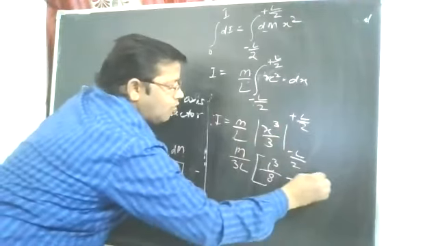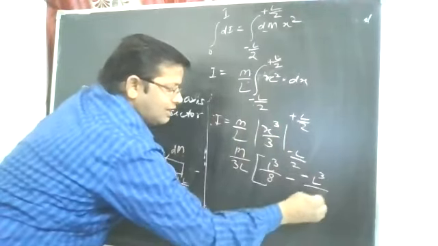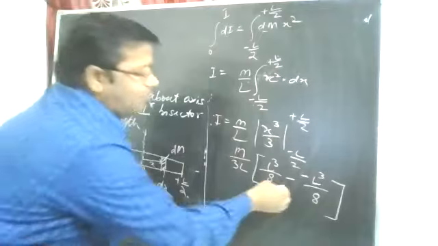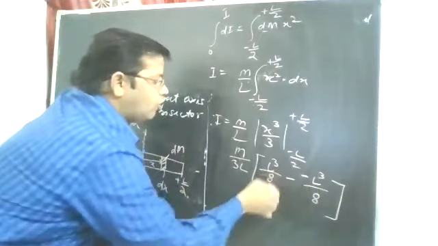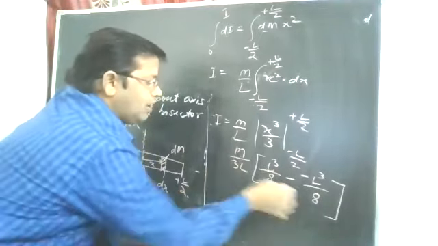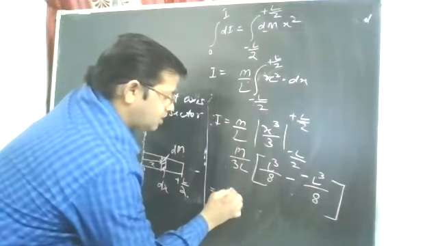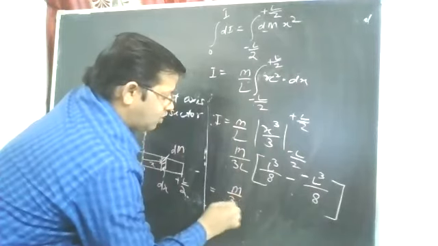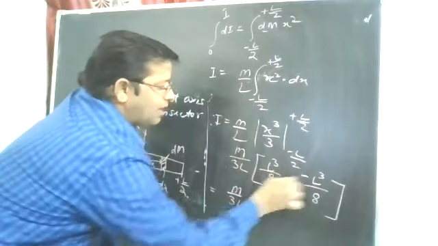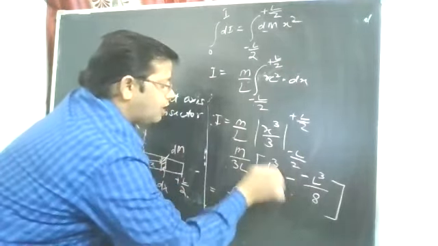Minus L cube upon 2 cube, 8. Now this equation becomes minus minus plus, 2L cube upon 8, take the LCM.